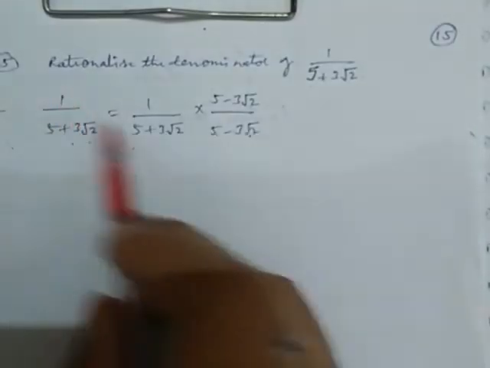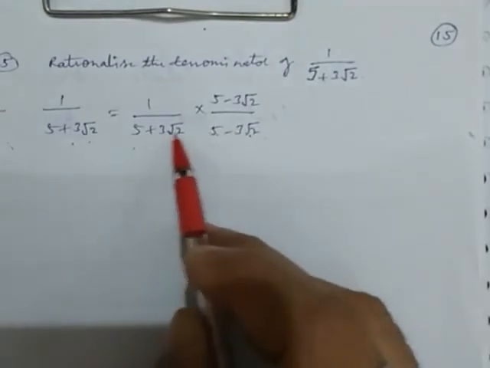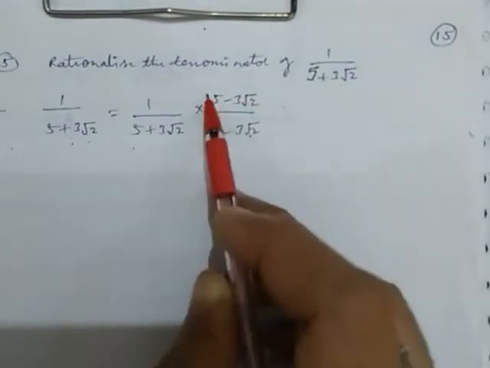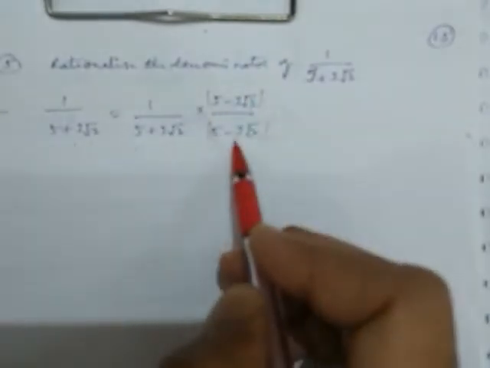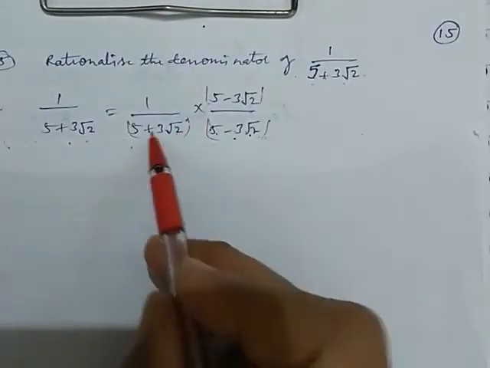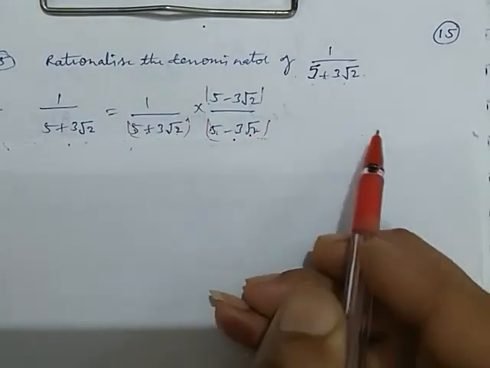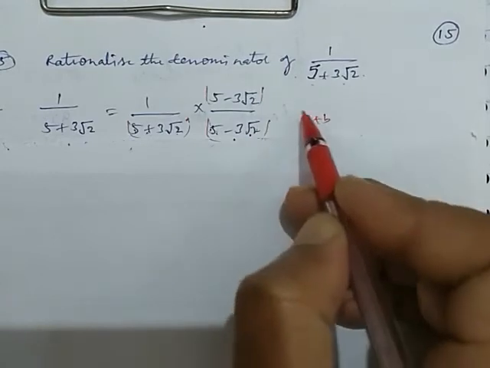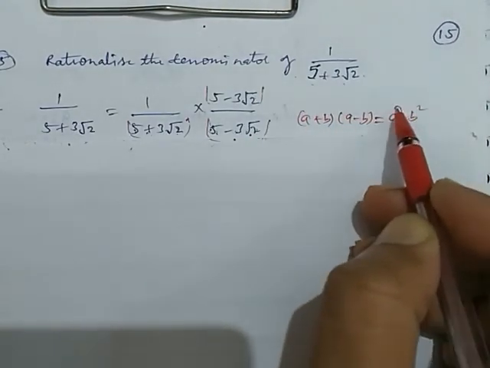Here is our number. Okay. By changing the sign, we get 5 minus 3 root 2 and multiply this by numerator and denominator. So with the use of the identity a plus b into a minus b, that is a square minus b square. A plus b into a minus b equals a square minus b square.